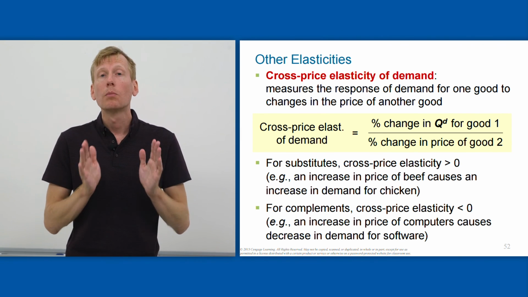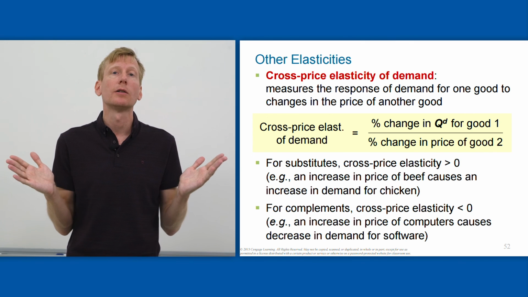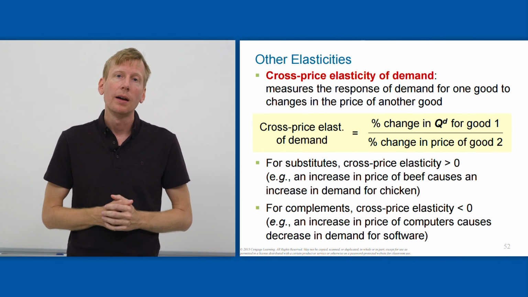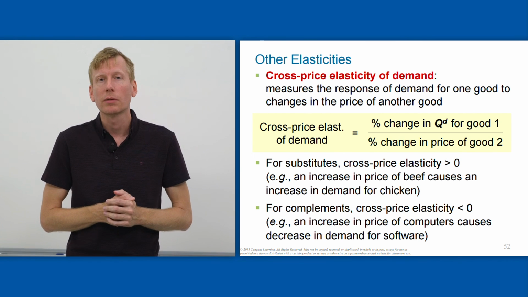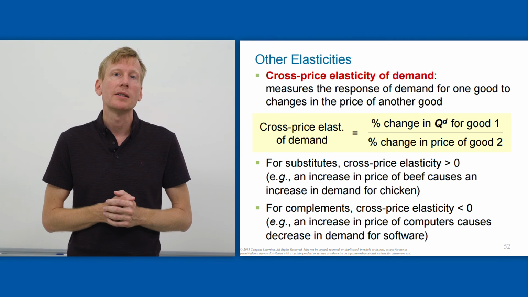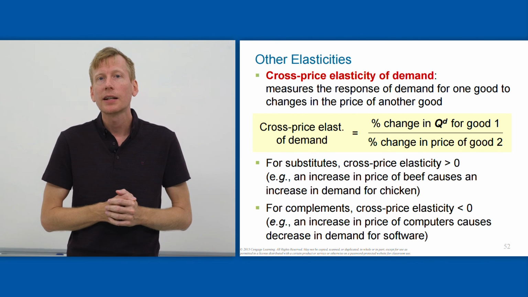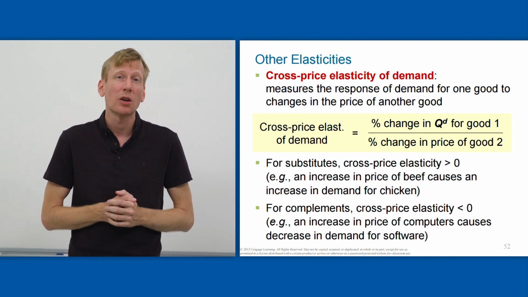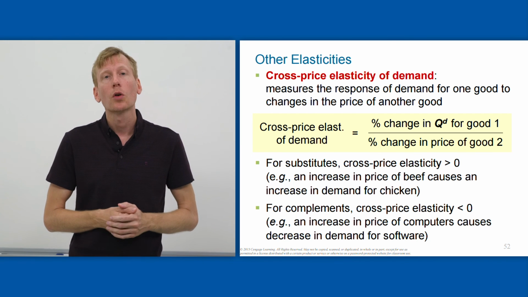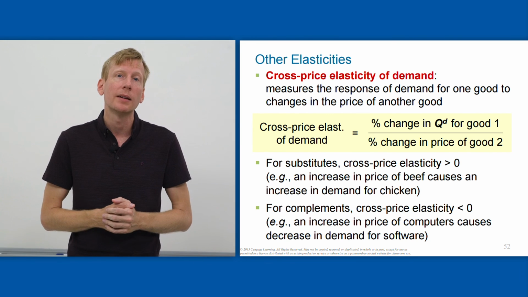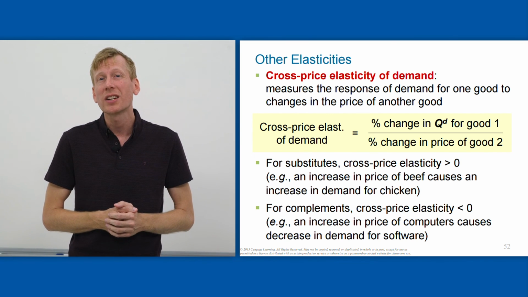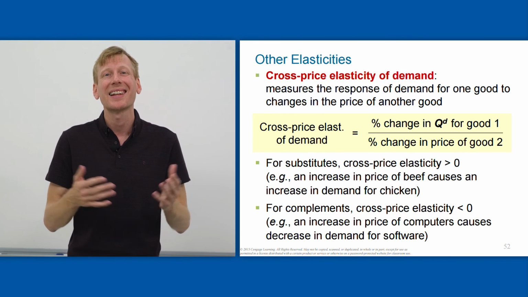As to say that most goods are not very closely related at all. And we wouldn't expect, naturally, for a change in the price of automobiles to lead to much of any change in the quantity demanded for bread, or much of any change in the quantity demanded for honey, or much of any change in the quantity demanded for athletic shoes.